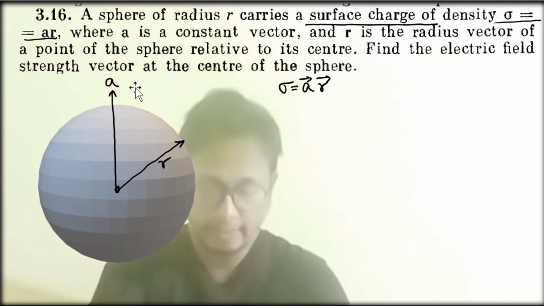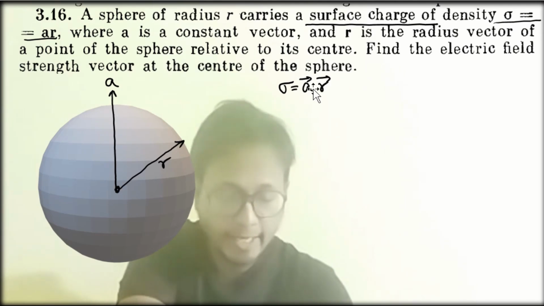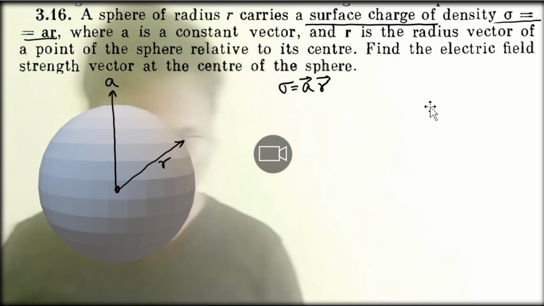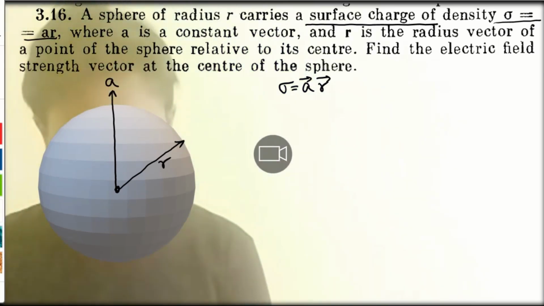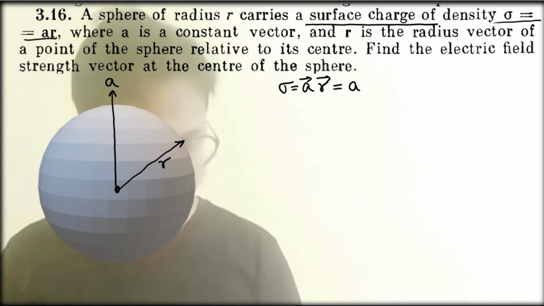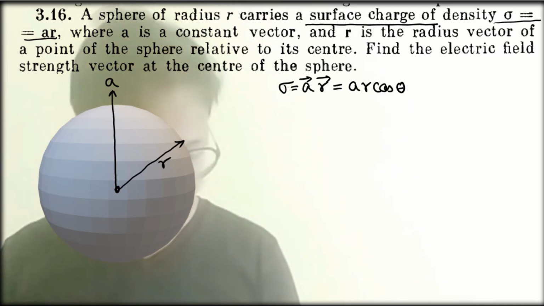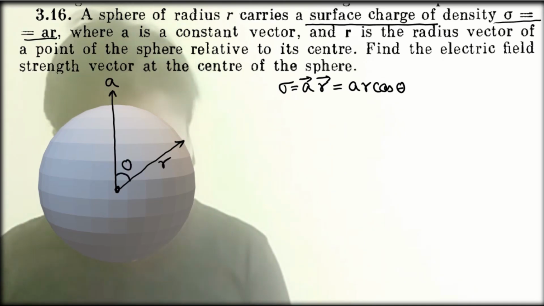Now, what is the difference if I draw the R vector out here and if I draw the R vector out here? See, A dot R, the surface charge density, is nothing but magnitude of A vector into magnitude of R vector into cos theta. But theta is the angle between the A vector and R vector.